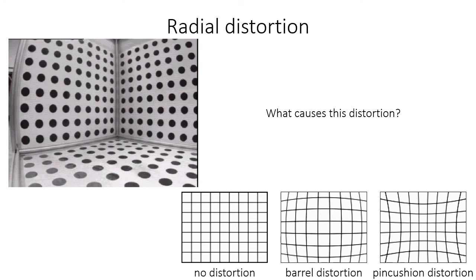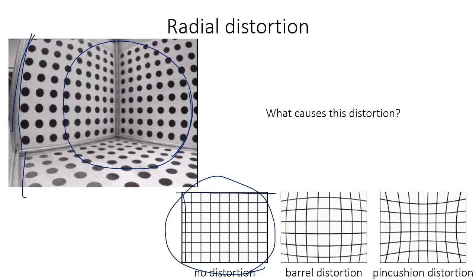What causes this distortion when you capture these images? As you can see, this line usually becomes curved. In the real scene, it is a straight line, but when you capture the image, this line becomes curved. This one has no distortion: a straight line stays a straight line.